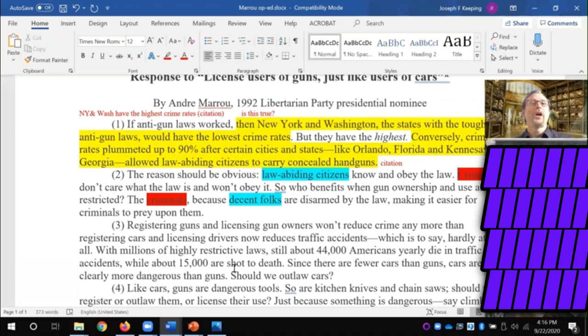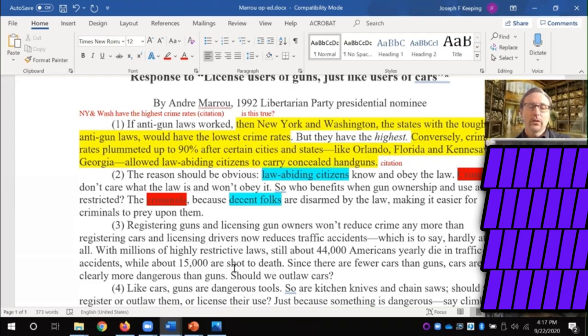So at any time, what he's calling decent folk or law-abiding citizens could easily switch over into the class of what he calls criminals. And so it's misleading to say there are criminals on the one hand and law-abiding people on the other. Once you shoot somebody, no matter how decent and law-abiding you were up until that point, you're probably a criminal now. And you wouldn't be if you didn't have a gun.